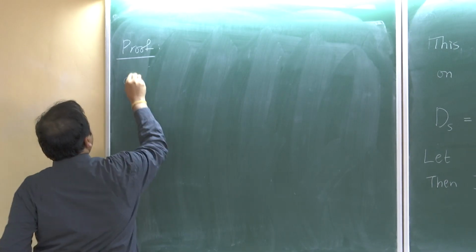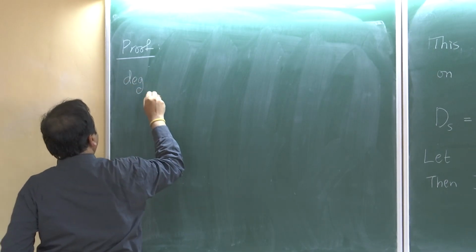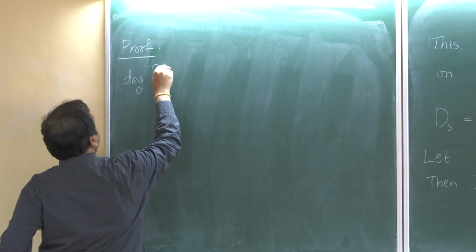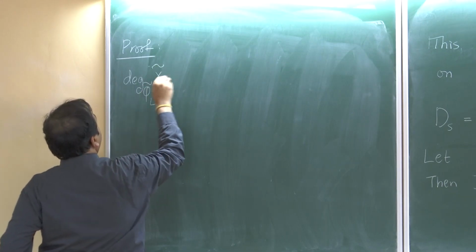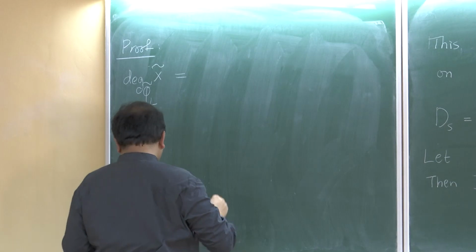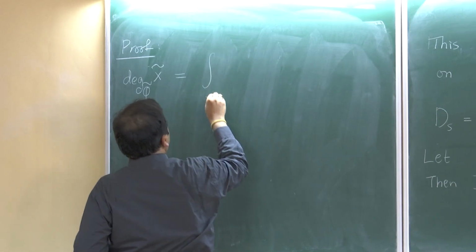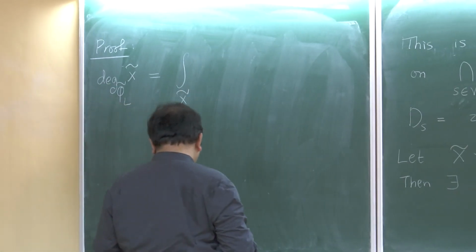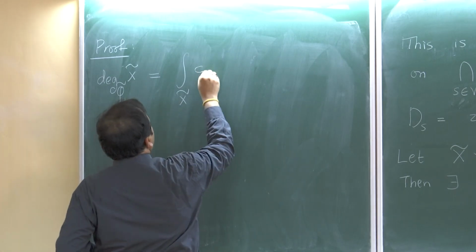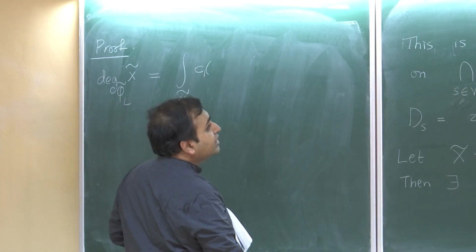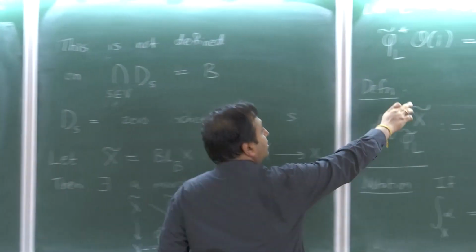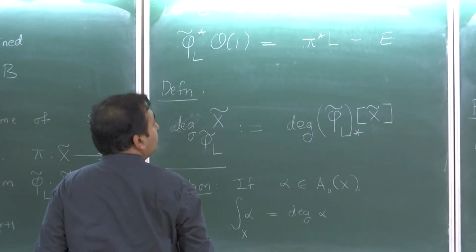So let's see. The degree of x tilde phi L tilde is the integral over x tilde of C1 of. I just wrote down this thing over here, so this is what I want to use.